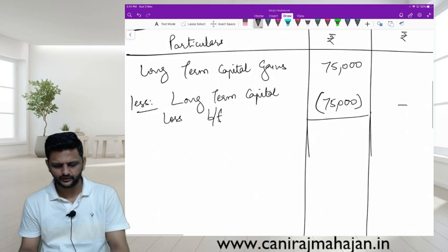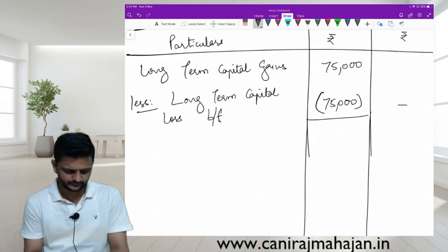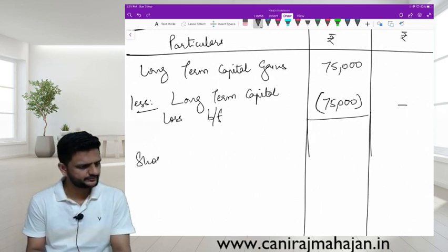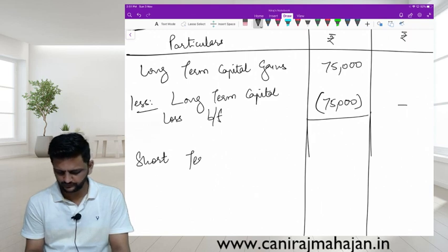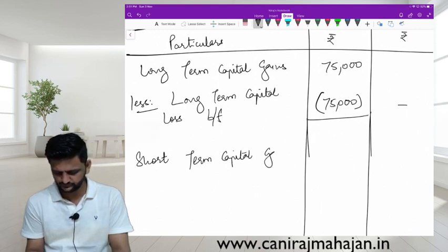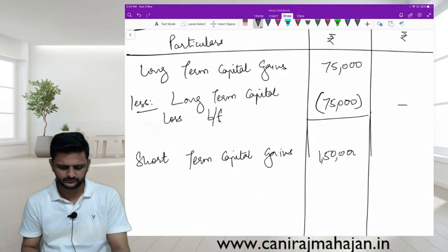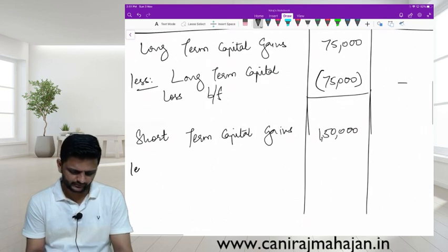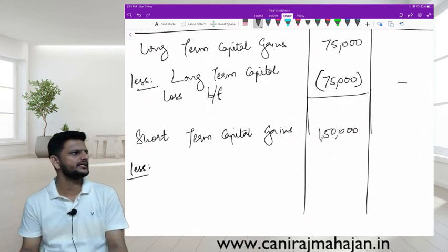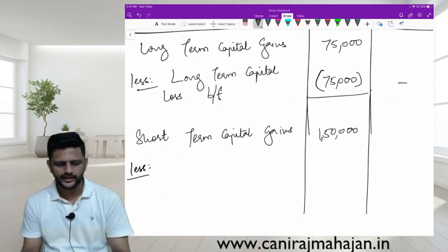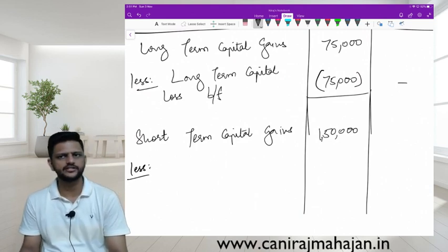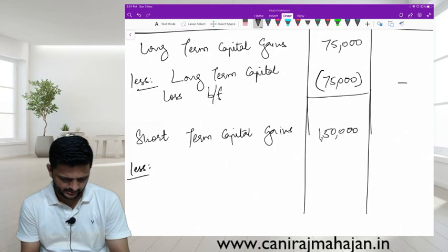Next one. Now we have short-term capital gain. How much in our column? 1,50,000. Less. Can we set off LTCL from STCG? No. Can we set off STCL from STCG? Yes.